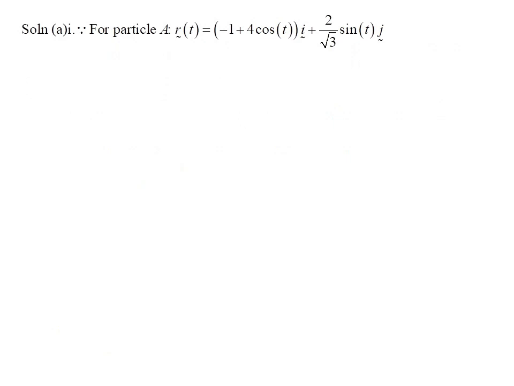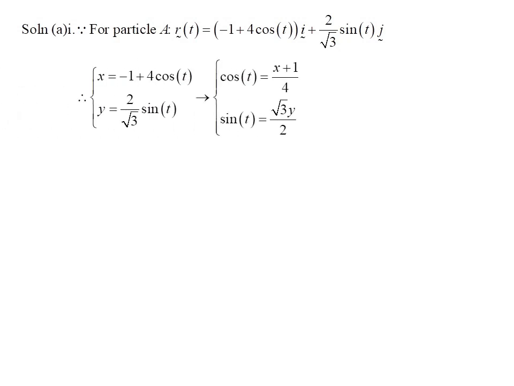Now, let's answer the question by starting from part A. In section 1 of part A, based on the position vector A, we set the i component to x and the j component to y accordingly. So, x equals negative 1 plus 4 cosine t, and y equals 2 sine t over root 3, which can be written as cosine t equals (x+1) over 4, and sine t equals root 3 times y over 2.